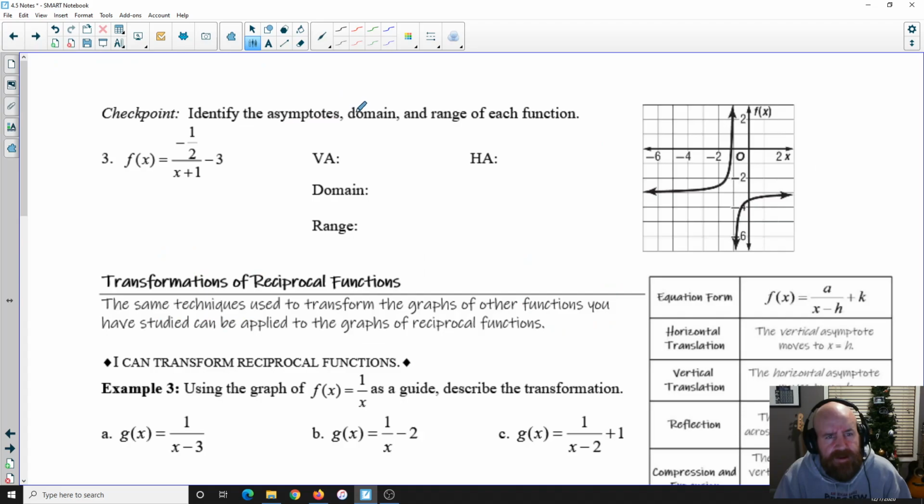Alright, let's take a look at the next step here. We've got a checkpoint. So checkpoint, go ahead and pause there and try that. So vertical asymptote would be at -1, and horizontal asymptote would be at -3. Domain is all x's such that x does not equal -1, and range would be all y's such that y does not equal -3.